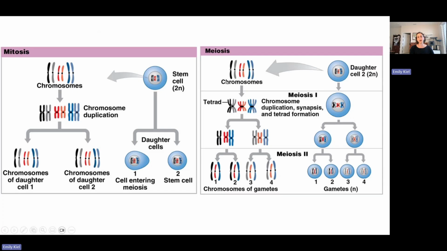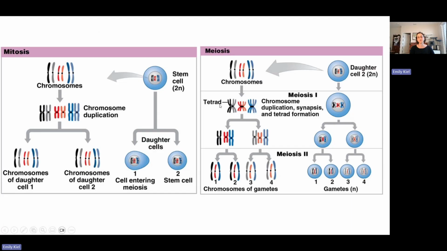So in this case, we start with 46 chromosomes. Not only are we going to copy those chromosomes, but we're also going to pair them up. In each cell that begins this meiosis process, there are 2 copies of the same chromosome number. So for example, you might have chromosome number 21. Everybody has 2 copies of chromosome number 21, one from their mom and one from their dad.